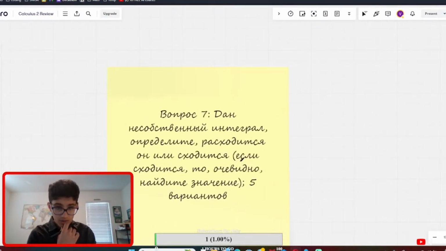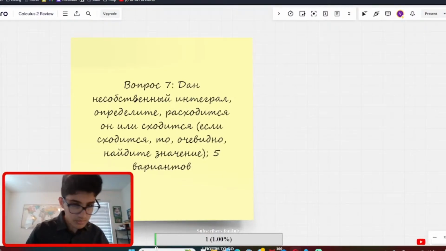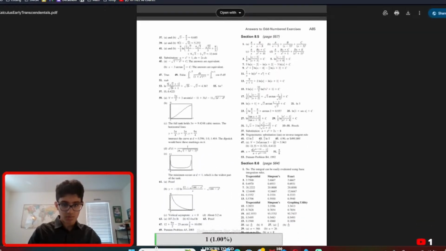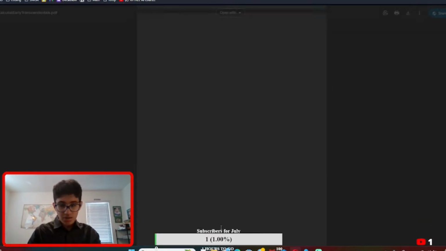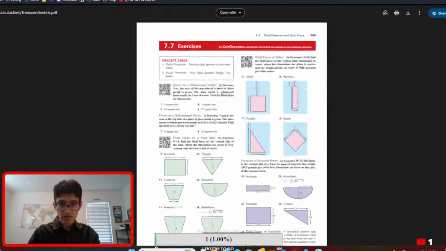This is about an improper integral, from what I can gather by reading that. Improper integrals, that's section 8.8. Okay, 8.8, so that'll probably be on maybe page 530 or right before that.